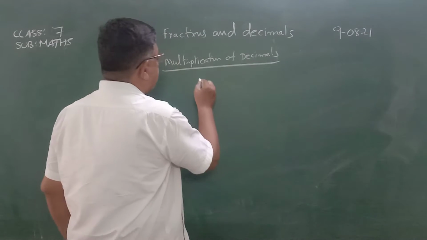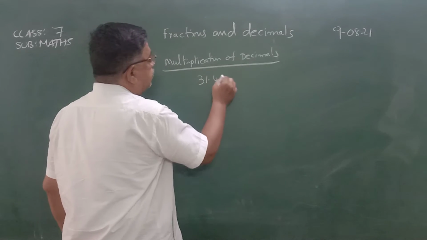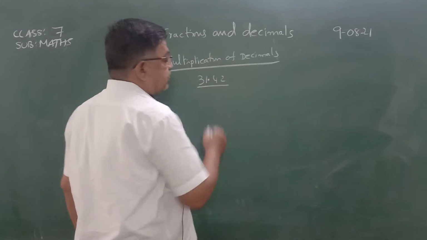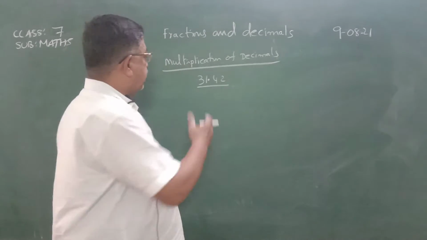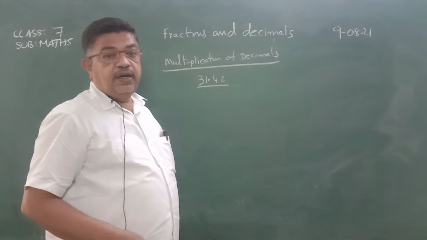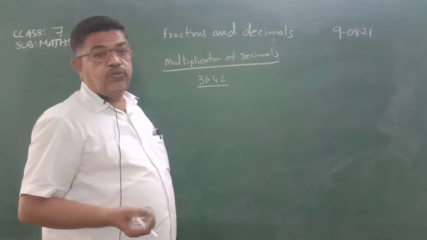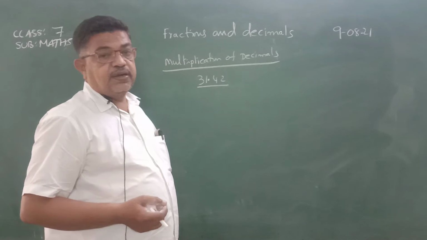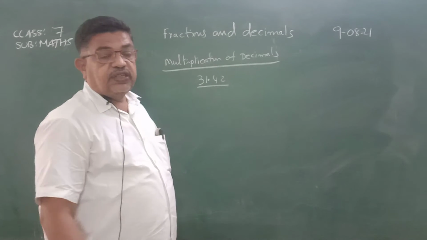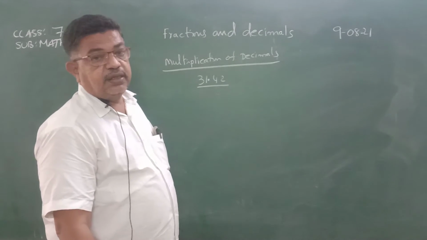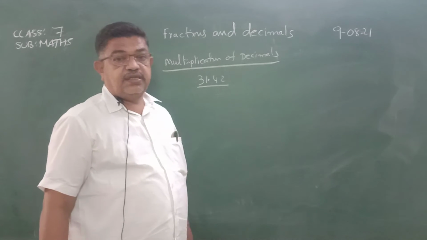Suppose a number is given, 31.42. How to read this? First you have to understand how to read the given decimal number. It is 31, and after the decimal you have two places. That is the first decimal place and the second decimal place. The first decimal place is tenths. The second decimal place is hundredths.